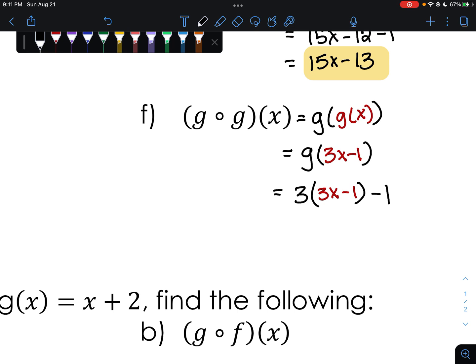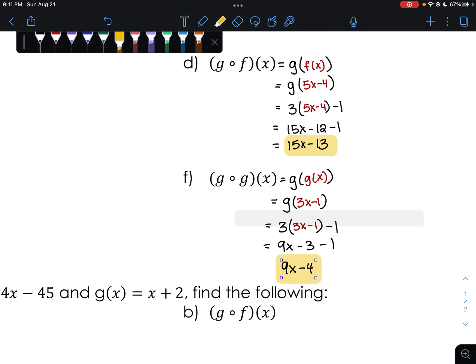So 3 times 3x is 9x. 3 times negative 1 is negative 3, minus 1. That would give us 9x minus 4. So again, we're just composing one into the other.